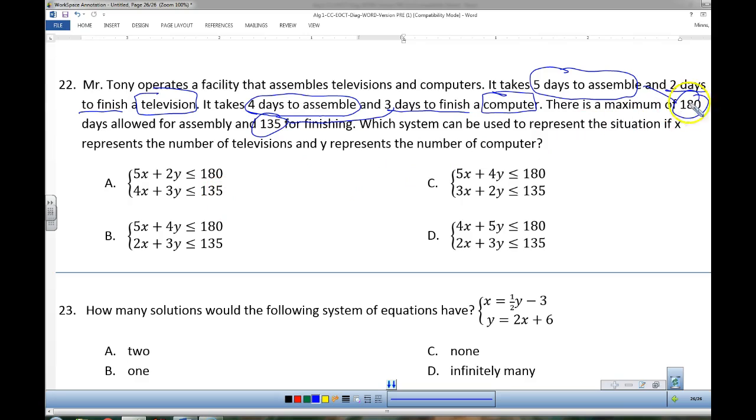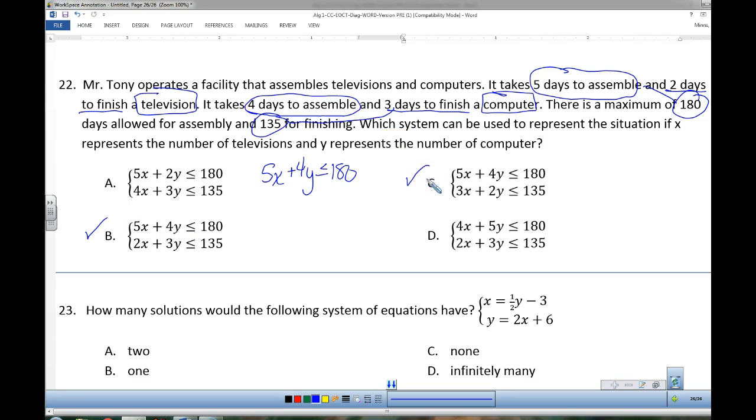Well, the 180s are for the assemble. And to assemble, I need 5 days for televisions. We'll call that X. And how many days to assemble a computer? 4 days. Plus 4Y. Less than or equal to 180 days. Well, there's my first. Which one goes with that? Here.